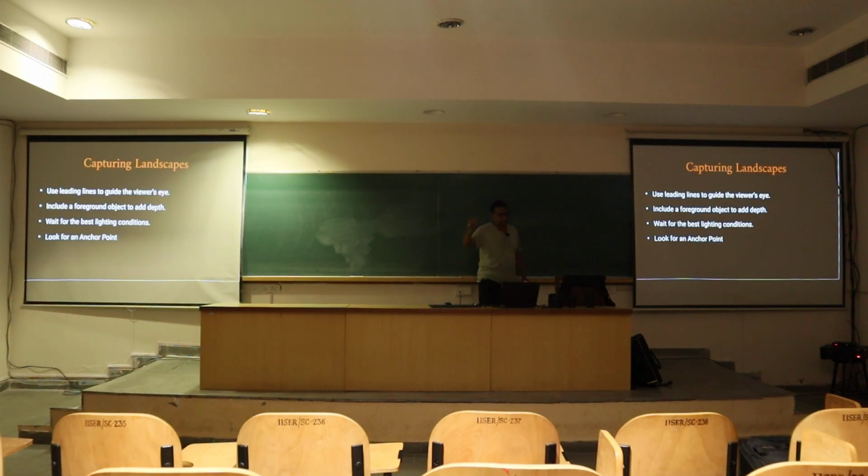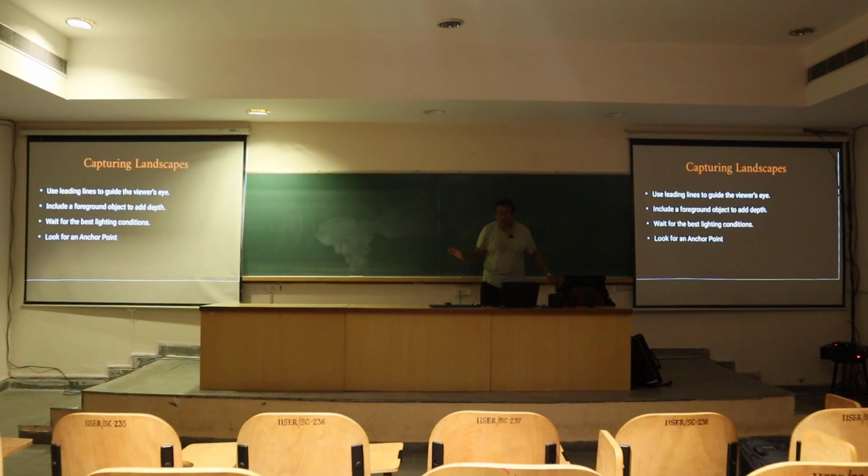And look for an anchor point. See, in landscapes, we don't always have things which are handmade, or you do not have a human being over there. So where do your eyes latch? How do your eyes get caught in that image? Or does it simply roam around an image and leave the image?